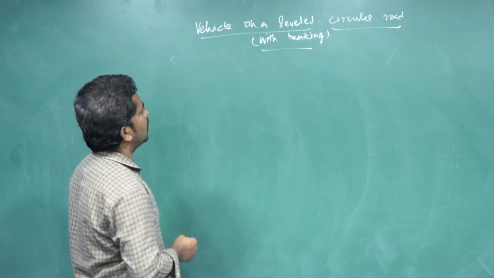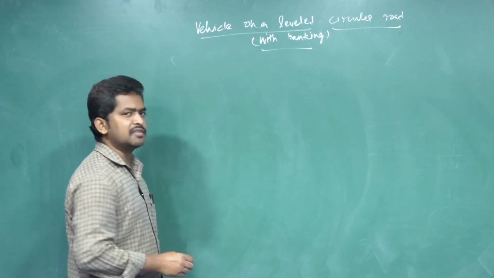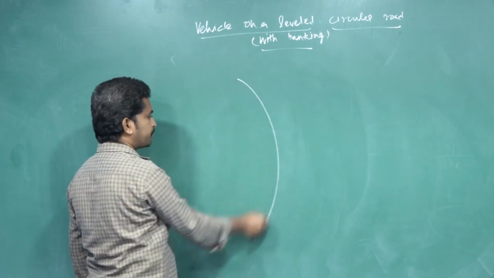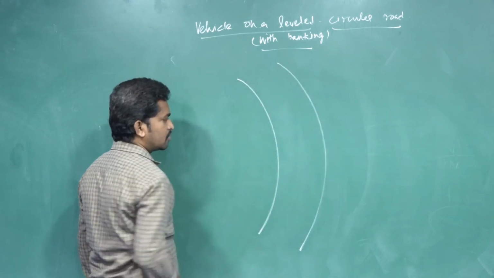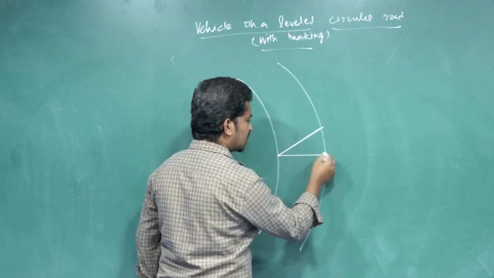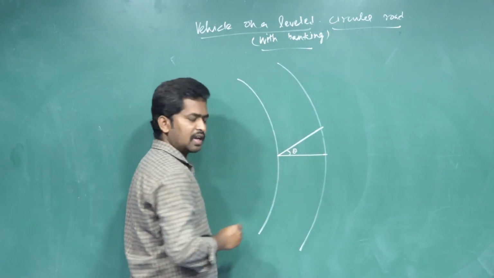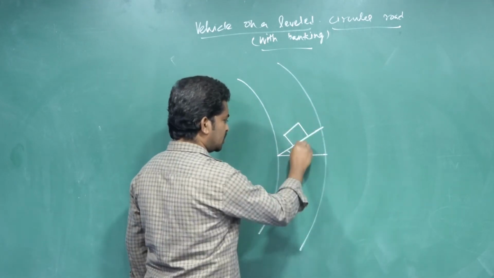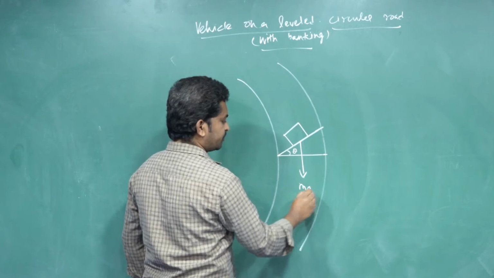Here, a vehicle on a circular road with banking of the road. See, on the circular road, the object makes an angle theta, the banking angle. Consider this is the object. Downward force is mg.